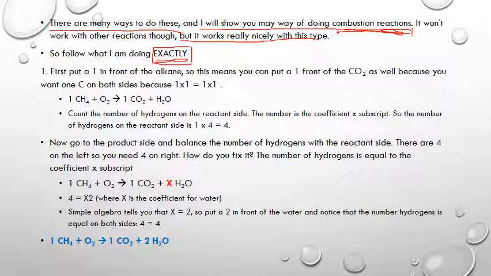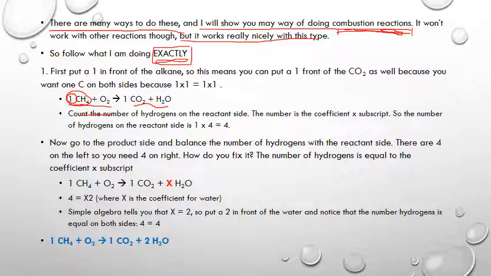All right, so we're given a chemical formula, CH4 plus O2 yields CO2 plus H2O. Now, first thing we're going to do is put a 1 in front of the methane. So we always put a 1 in front of the alkane. Okay. And then what we do is we count the number of carbons, so we have 1 carbon here.